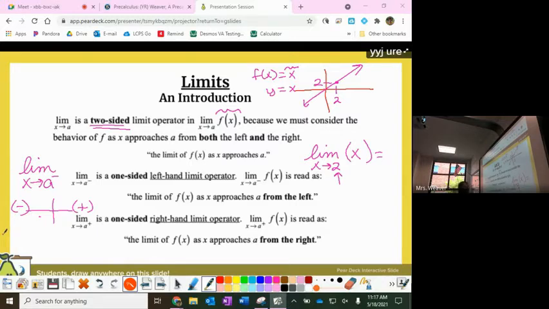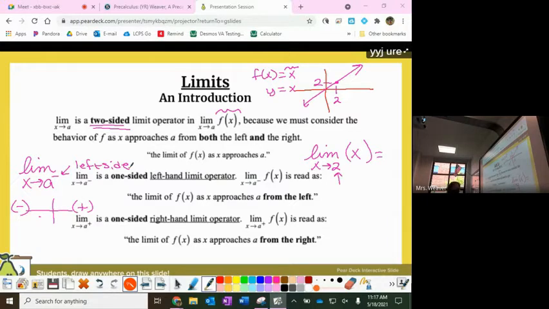So the limit as x approaches a from the left side is a one-sided left-hand limit operator. We read that as the limit of f of x as x approaches a from the left. The little negative sign in the exponent's position just tells us we're approaching from the left.